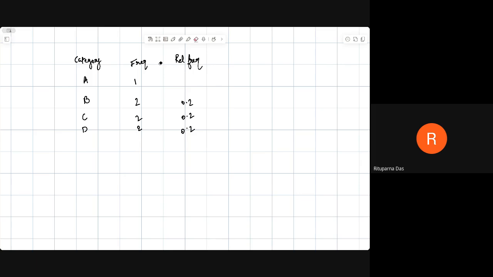So here the total would be 7, and this relative frequency will be 0.1. What I'm trying to say is, here category B has frequency 2, C has 2, D has 2. So all three of them have frequency 2, and frequency 2 is the highest frequency, which means that this is multimodal data, because this particular data has more than two highest frequency.